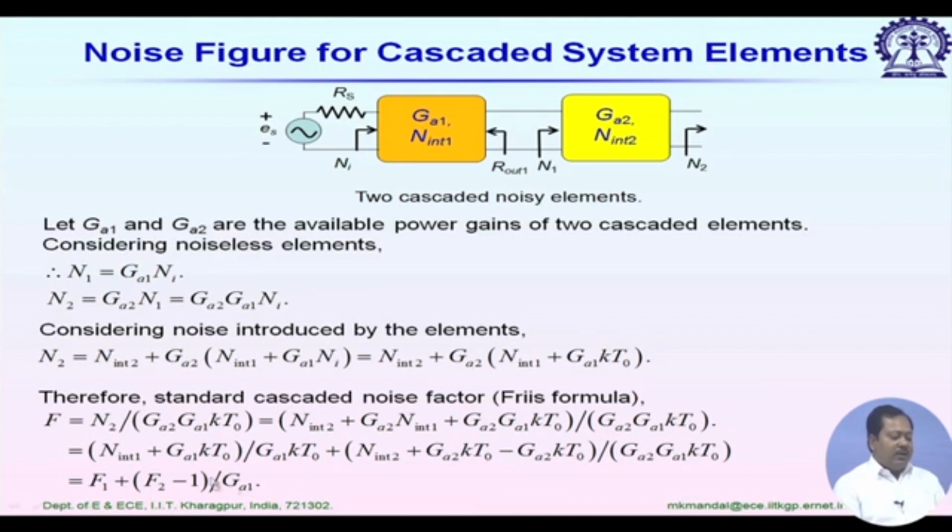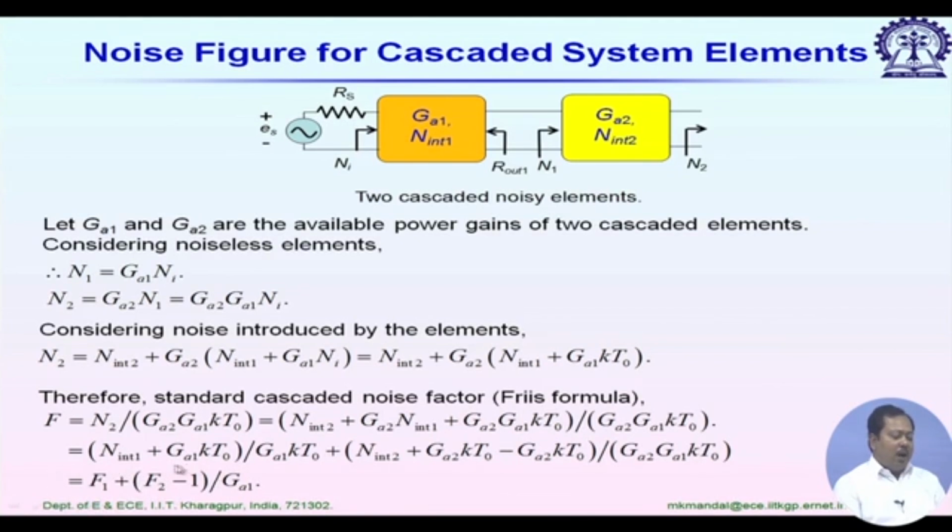two component system. If we have n number of components, you can simply add other terms. So then the third term will be F3 minus 1 divided by GA1 GA2. Similarly you can define it for the nth term. Again, what we see is that the contribution of the first component becomes very important.